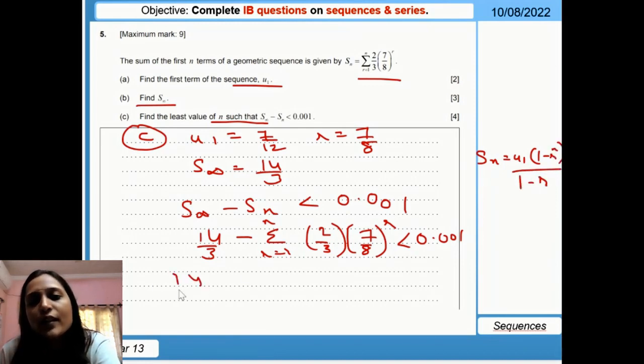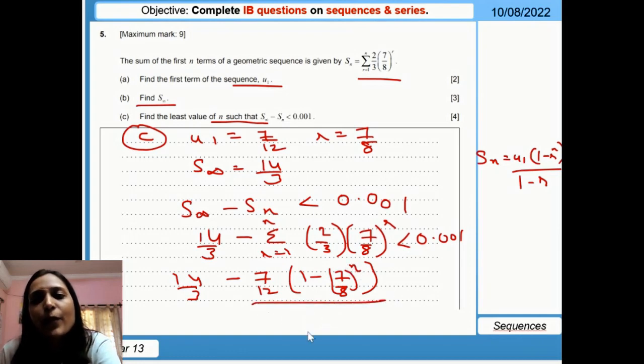So I can write this as 14 by 3 minus u1, which is 7 by 12, times 1 minus 7 by 8 to the power n, divided by 1 minus 7 by 8. And I can then try to simplify this to get the value of n.